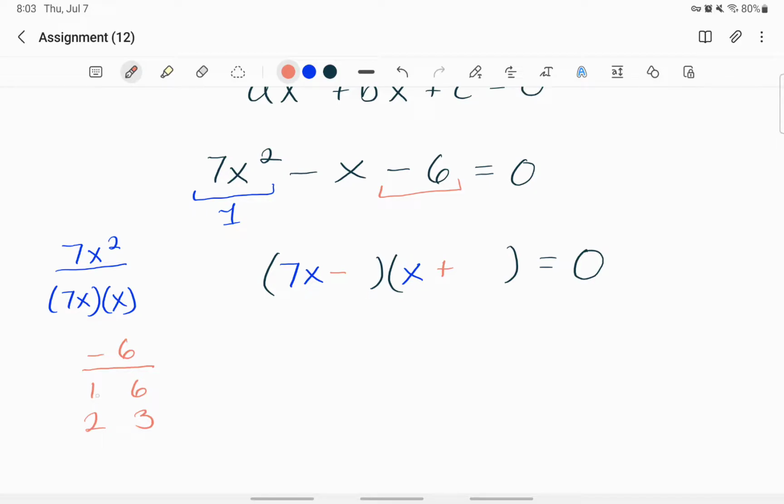Let's try 1 and 6. Let's put the 1 here. So 7x minus 1, and x plus 6 can go over here. And perform the inner and outer trick to see if we can get to the middle value of negative 1x. 7x times 6 is 42x.